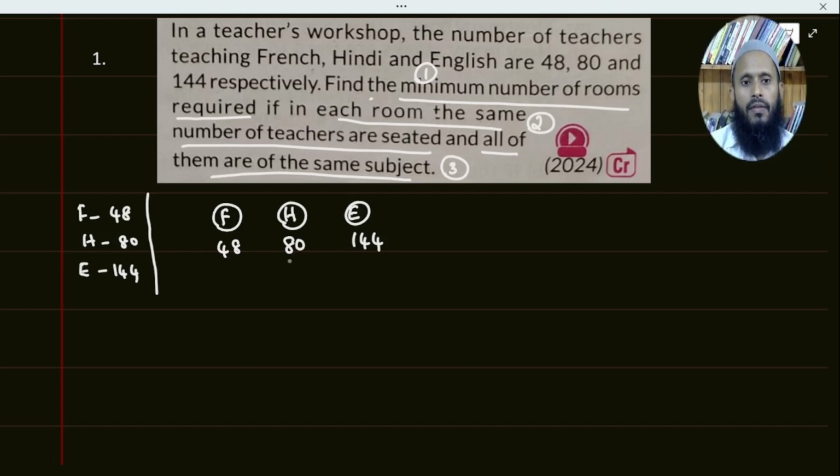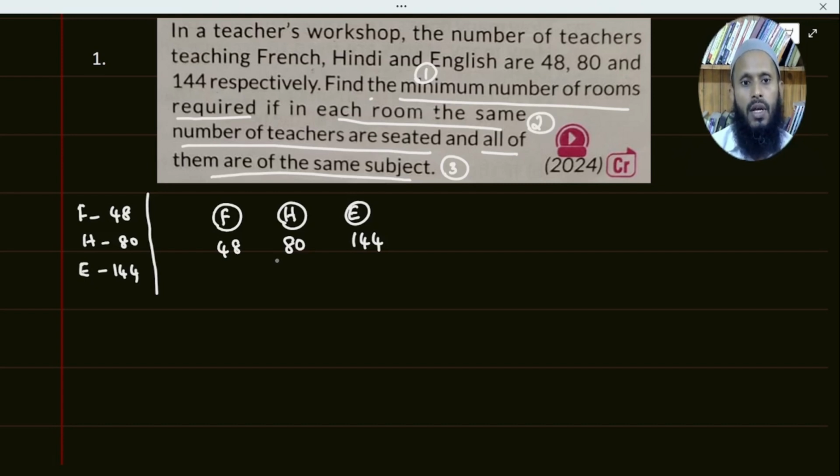Now, what I have to do is distribute the teachers into different rooms in such a way that, for example, take the French teachers first. There are 48 French teachers. Out of those 48 teachers, I can take 2 teachers and using 24 rooms, I can fill all those 48 teachers. Now all the 24 rooms have got 2 French teachers each.